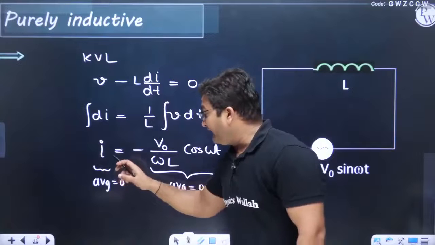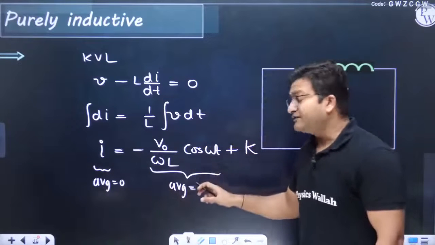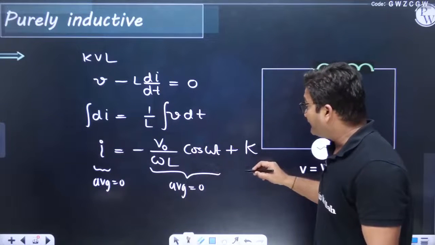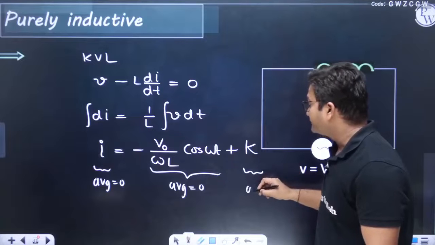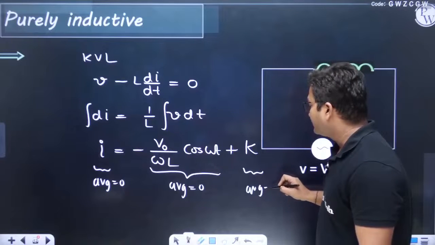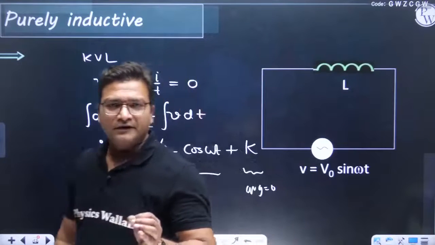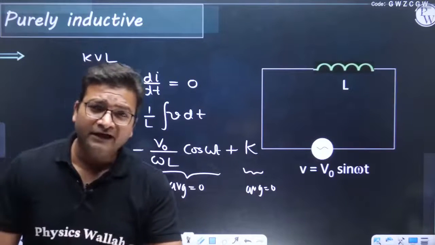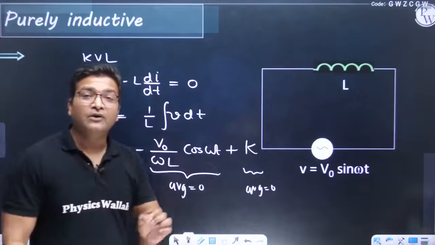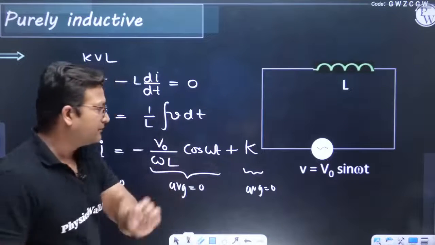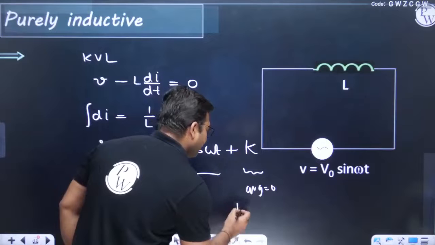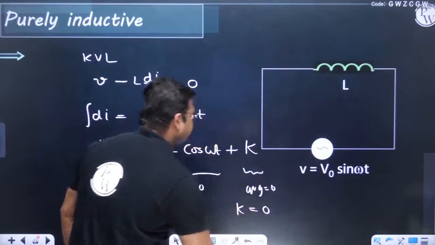And if this term's average is 0, then k's average must too be 0. But if a quantity is constant, its average can be 0 only if its value is 0. So from this logic we can say k equals 0.